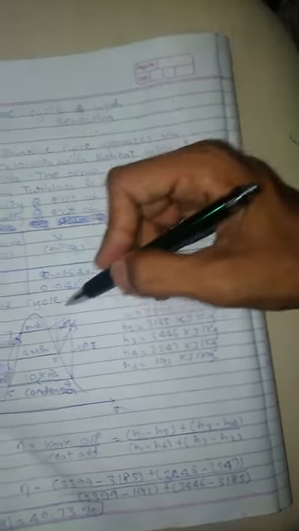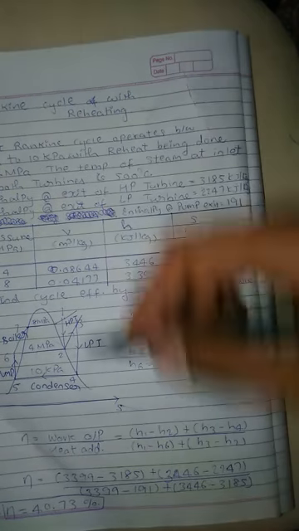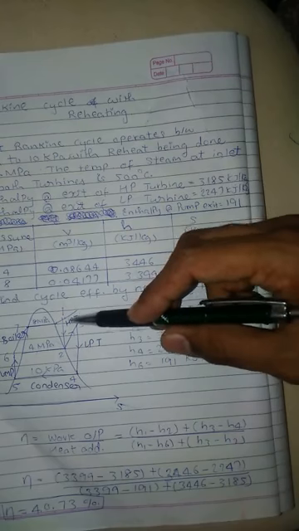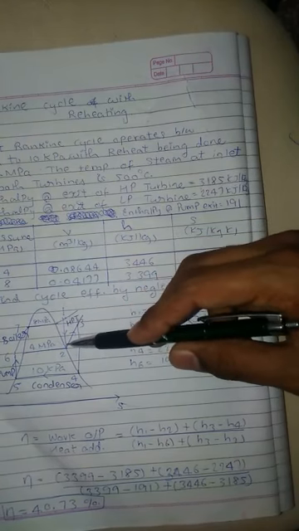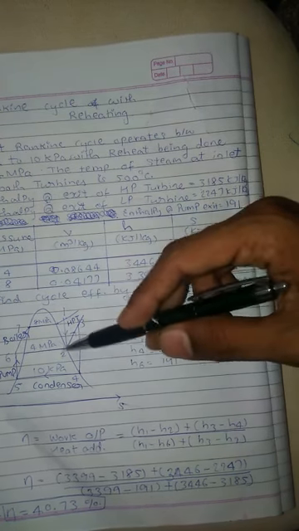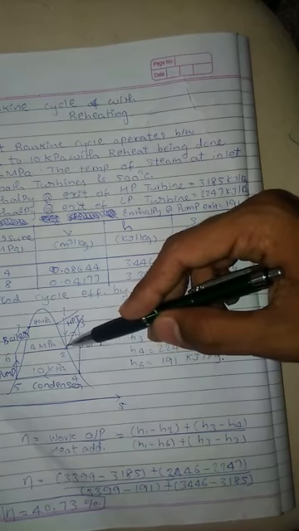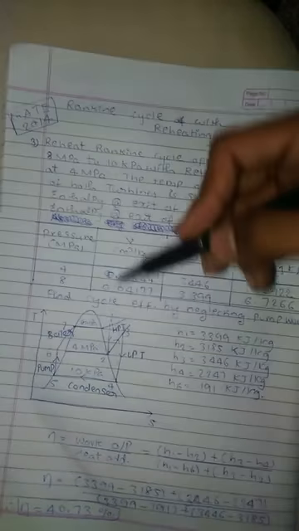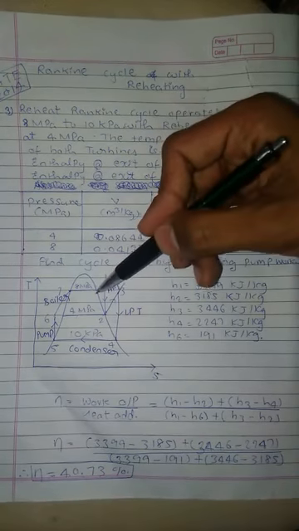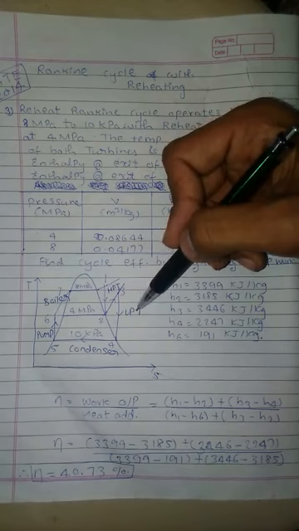So H1, again let us explain the process. H1 to H2 is the HP turbine, isentropic expansion in HP turbine. Then before passing to the condenser, it will go to the reheater, which is installed between the HP turbine and LP turbine.